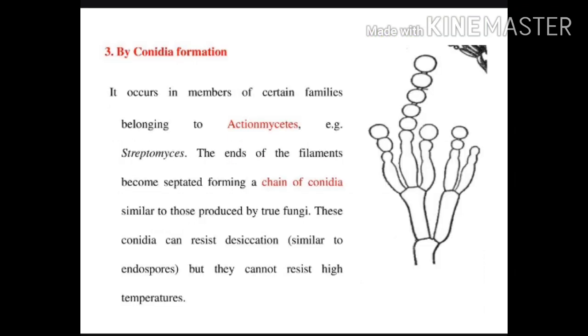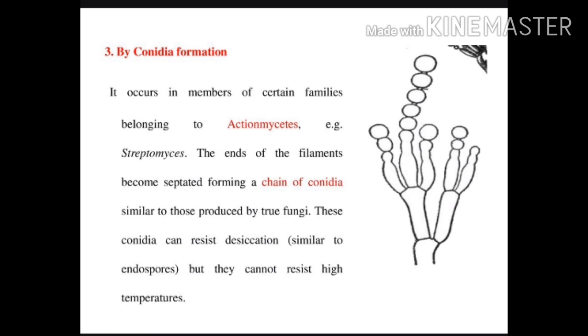Then asexual reproduction can take place by the formation of conidia. It occurs in members of certain families belonging to Actinomycetes, for example Streptomyces. The ends of the filaments become separated. In the diagram you can see a chain of conidia similar to those produced by true fungi.